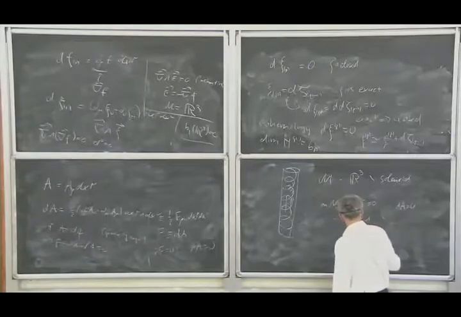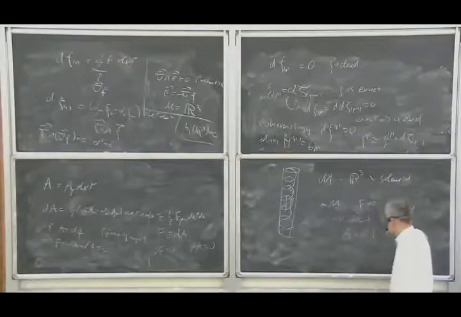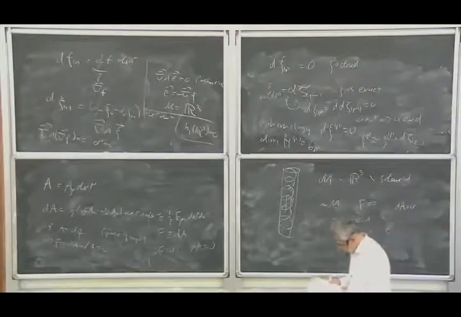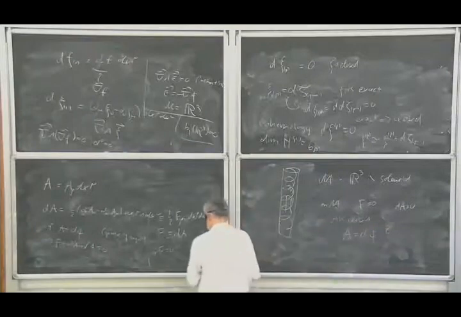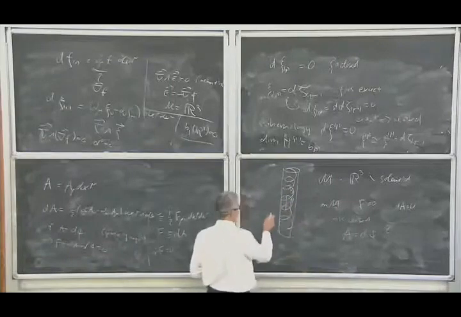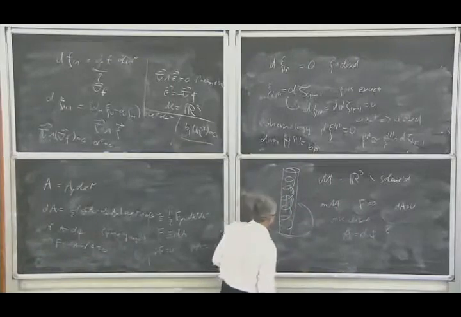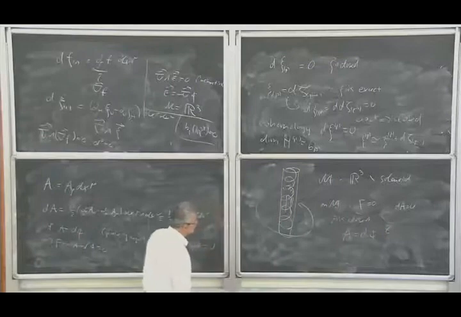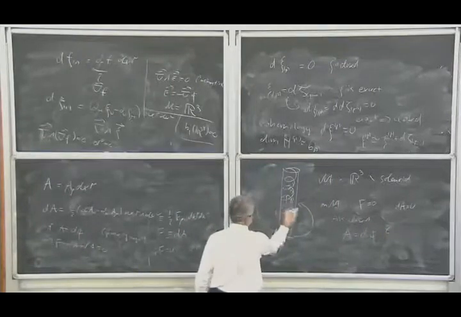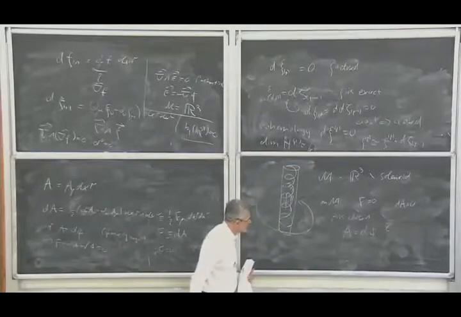Question, does it mean that A is exact? If A is exact, it means A is pure gauge. Well, we know what A is for this situation because my vector potential circles around the magnetic field, and clearly it's non-zero and it's not pure gauge.